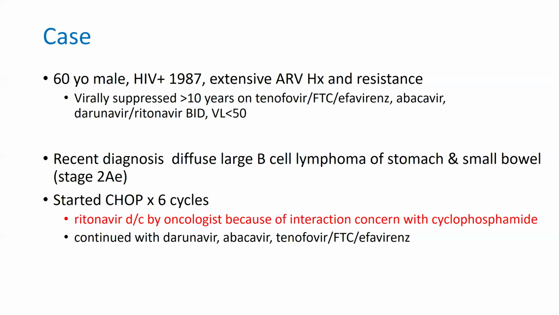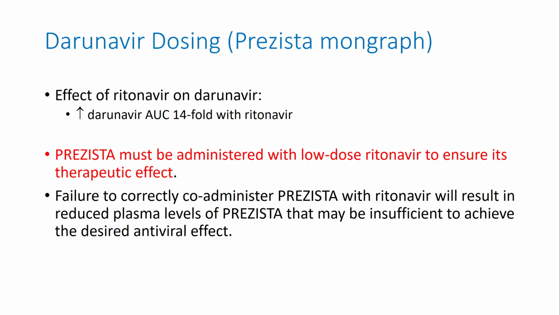After a recent diagnosis of diffuse large B-cell lymphoma, he met with the oncologist, and the plan was to start CHOP for 6 cycles. Now, the oncologist correctly identified that ritonavir was a perpetrator of drug interactions. So what they did was they stopped the ritonavir but continued everything else in this patient's regimen.